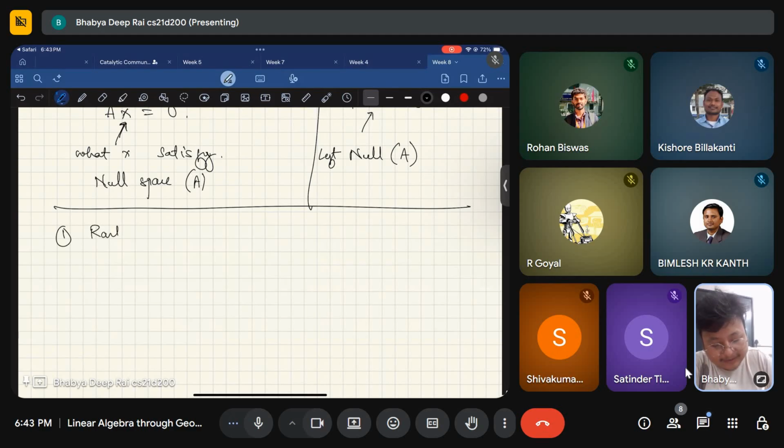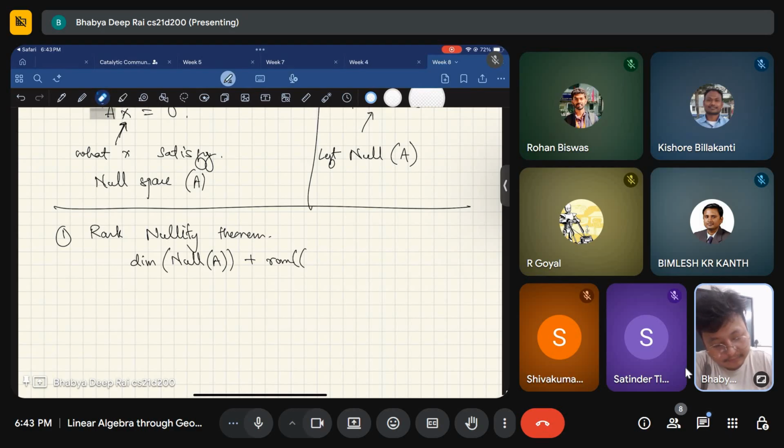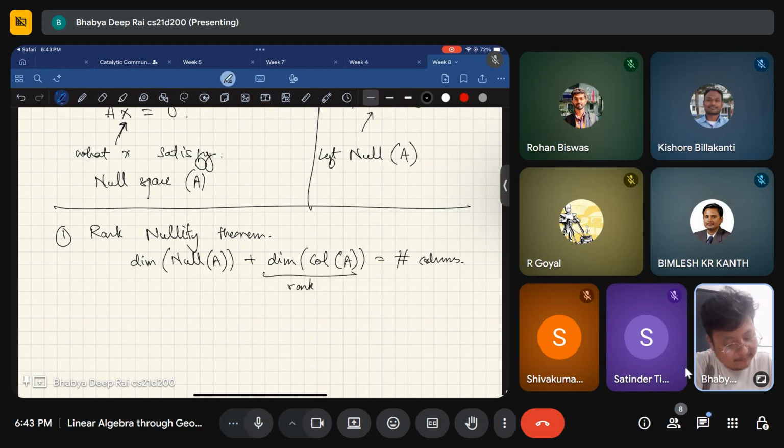First is what is called the rank nullity theorem, which says that the dimension of the null space plus the rank, the rank being nothing but again the dimension of the column space of A, is equal to the number of columns, and this is nothing but the rank of A, and hence it's called the rank nullity theorem.